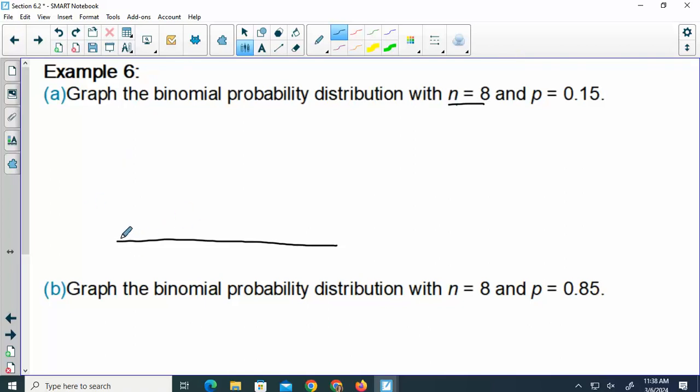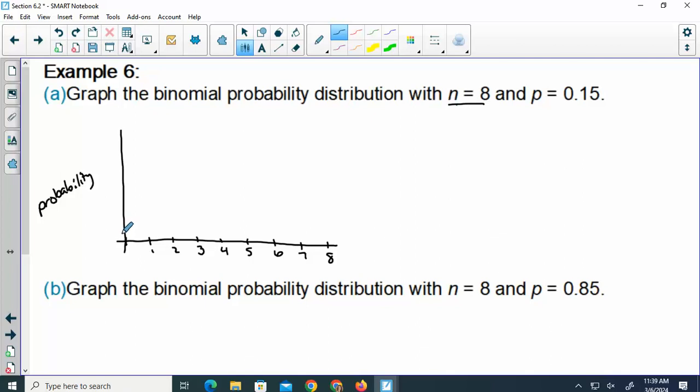My x's are going to be my 0 through 8. My y-axis will be our probability. So looks like our probabilities, the highest one is 0.38, so I'm just going to go up to 0.4.